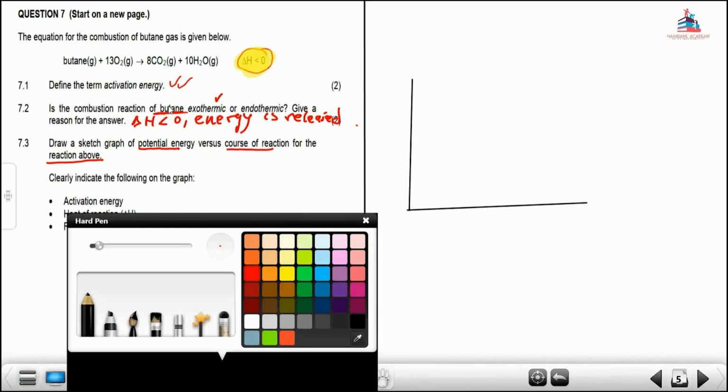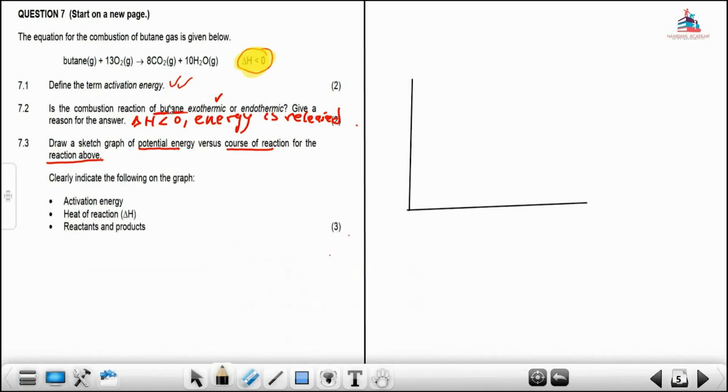They want us to have the activation energy, energy of reactants, and energy of products. So because we agreed that this is exothermic, it will be easy to do. So Mpilo, you took your answer for endothermic and then you went down with it. Can you see, if this becomes wrong at 7.2, everything else becomes wrong. So let's be careful of that.